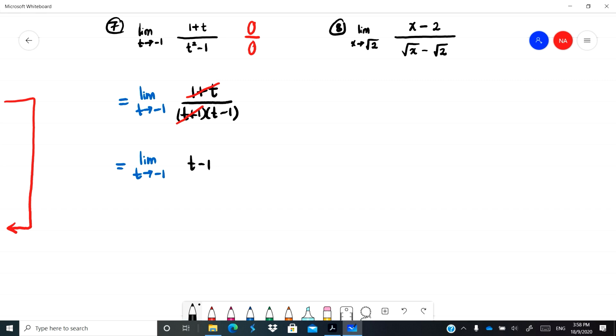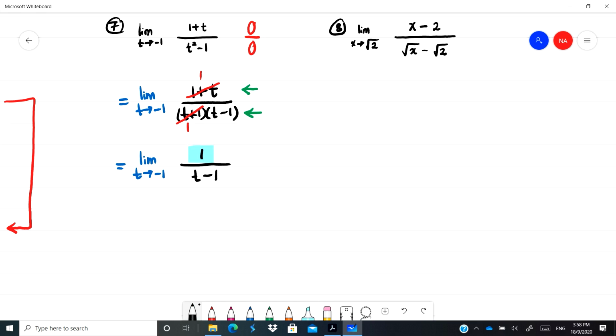Please take note that this is at the denominator, but this is at the numerator. When you cancel, you simply cancel and are left with 1. So you have 1 at the numerator, and at the denominator, you still have this t minus 1. Please take note that you don't leave this 1 there.